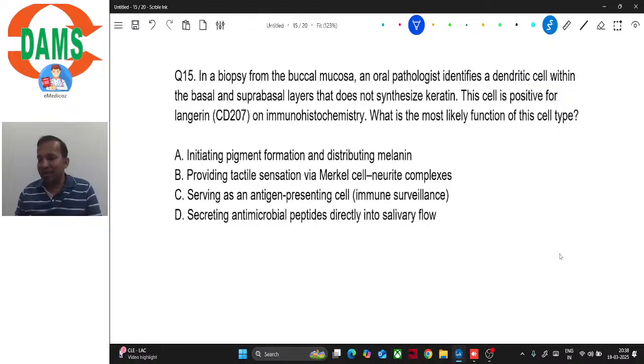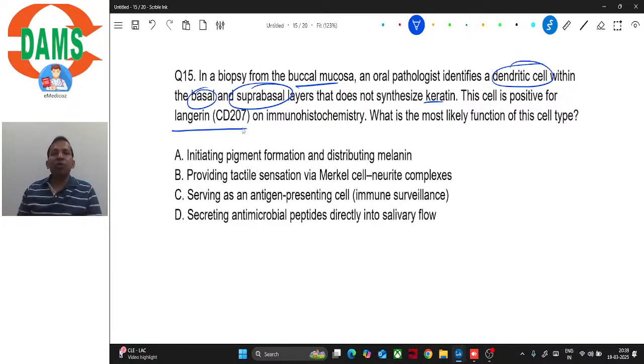correct answer, isn't it? In a biopsy from the buccal mucosa, an oral pathologist identifies a dendritic cell within basal and suprabasal layers that does not synthesize keratin. This cell is positive for Langerin or CD207 on immunohistochemistry.